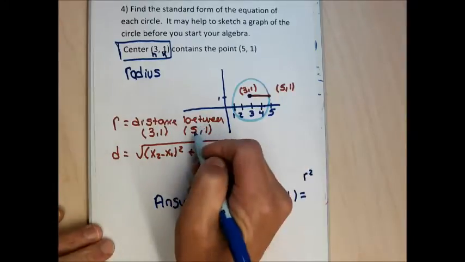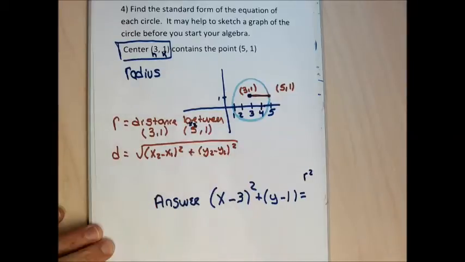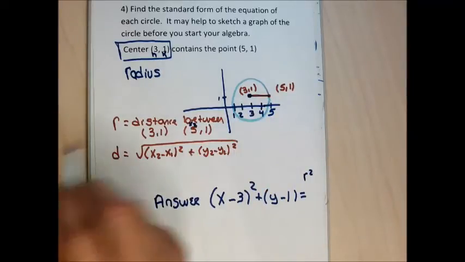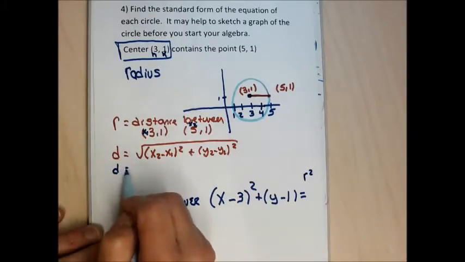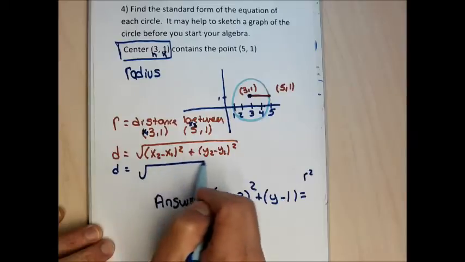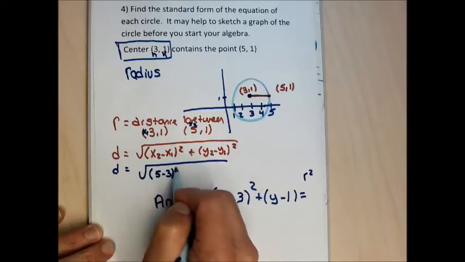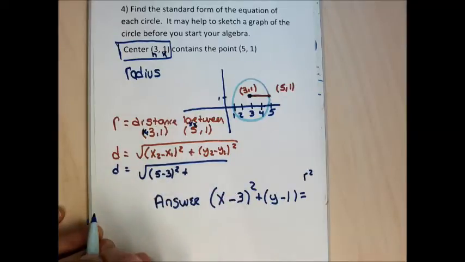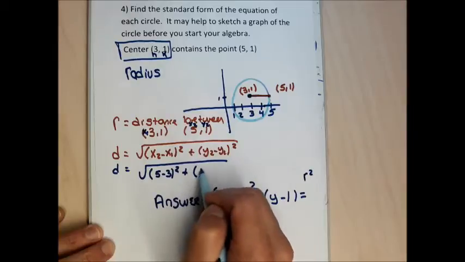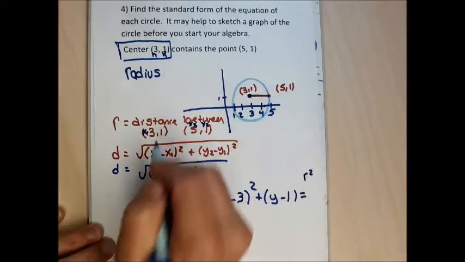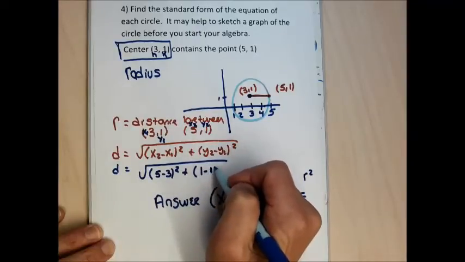I'm going to use for x2 the x-coordinate of that 5,1 point, and I'm going to use for x1 the center's x-coordinate. So I'm going to start off by going 5 minus 3 squared plus, and then for the y2, I'm going to plug the y-coordinate of the 5,1 point, and then for the y1, I'm going to plug the y-coordinate of the center.